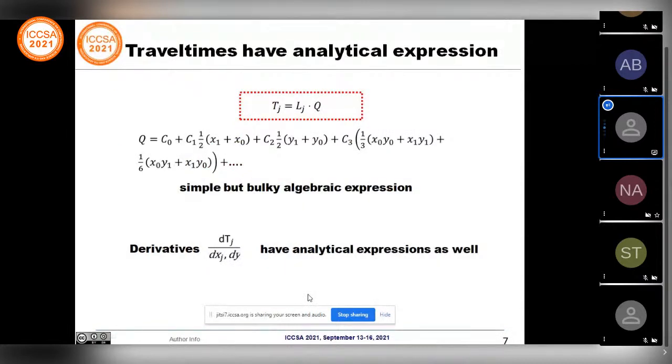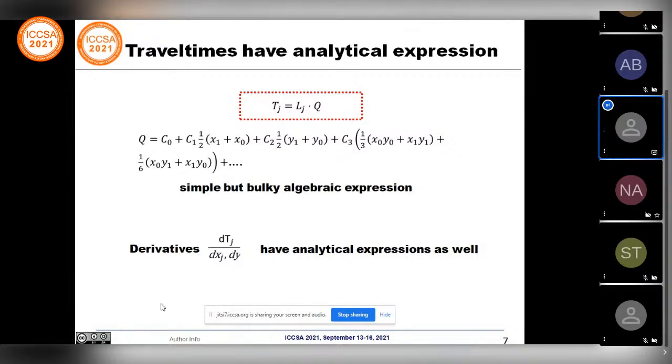Having in mind our model parametrization, travel time has an analytical expression, so we can run conjugate gradient with no problem.